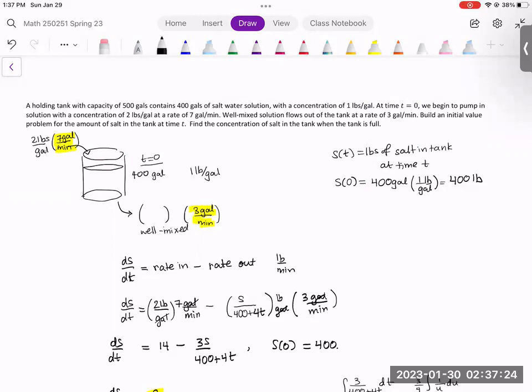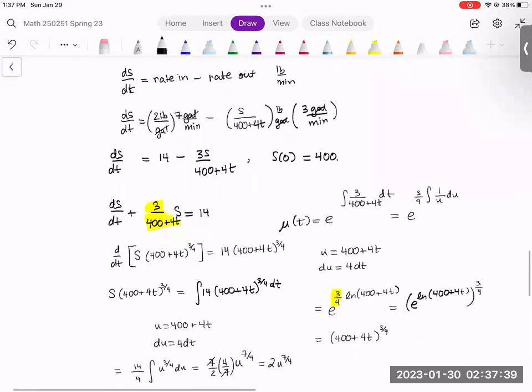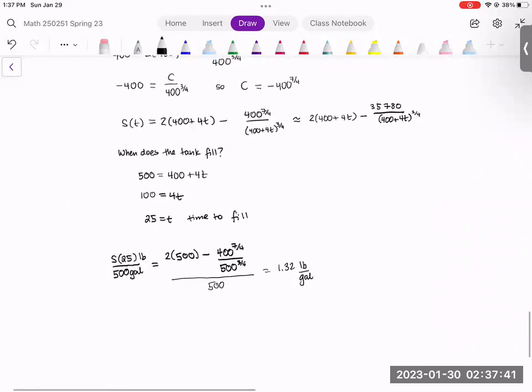We would need a bigger tank for our total concentration to approach the concentration of the added solution. Okay. All right. That's it, folks.